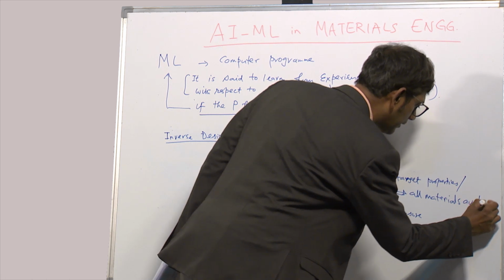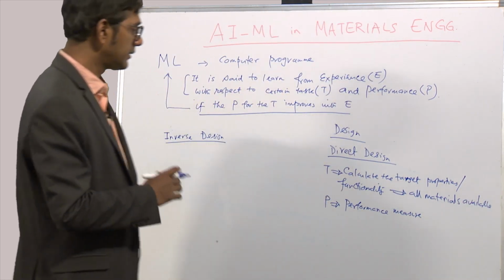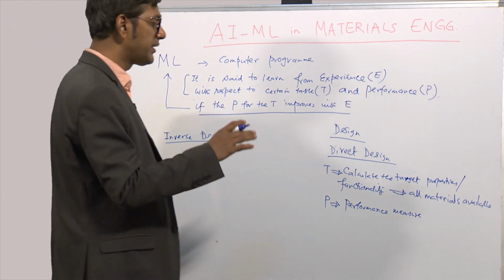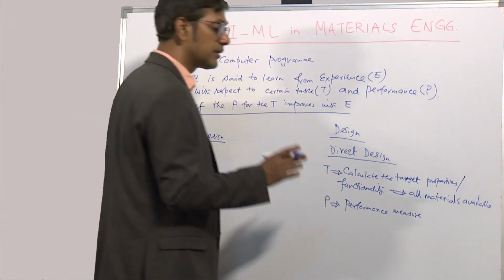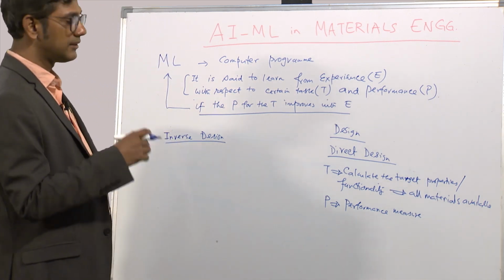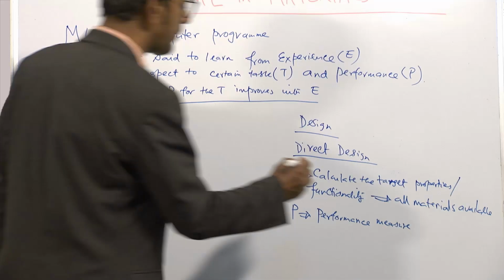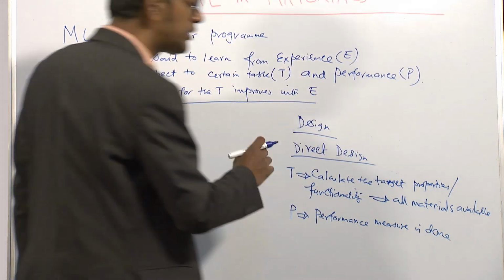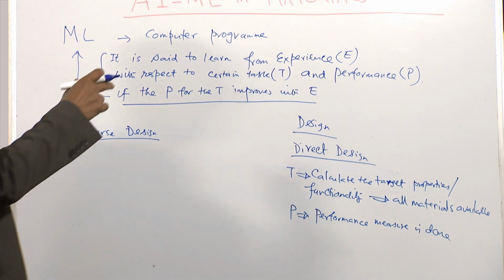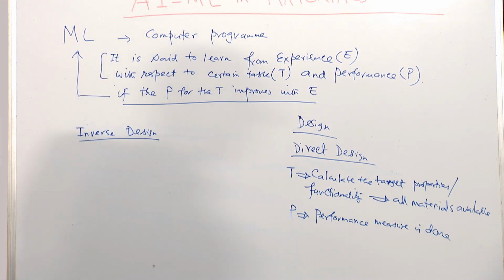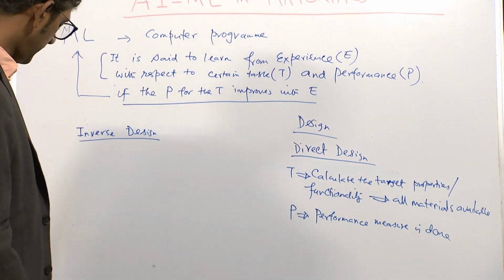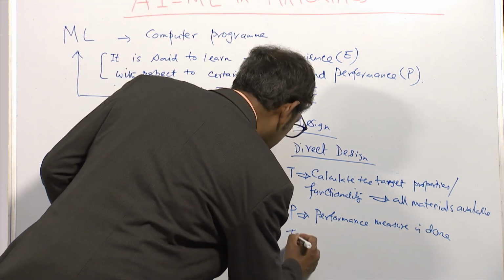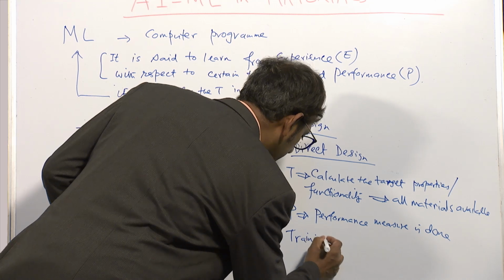We never considered anything less than that. All materials available in the world are considered, and then based on the target properties a performance measure is done. That means which of these materials out of the whole set will satisfy the target properties, that is what a performance measure is.